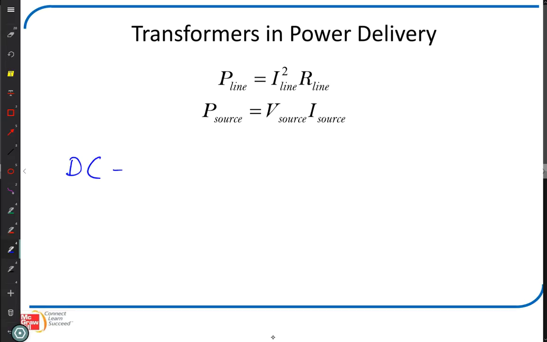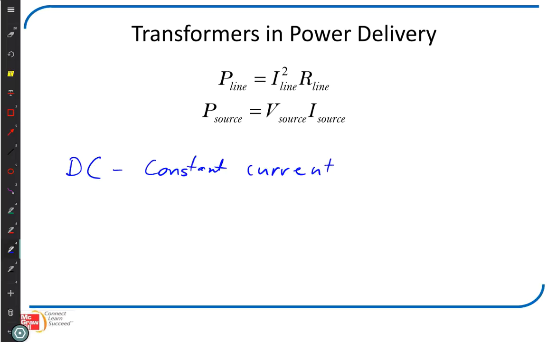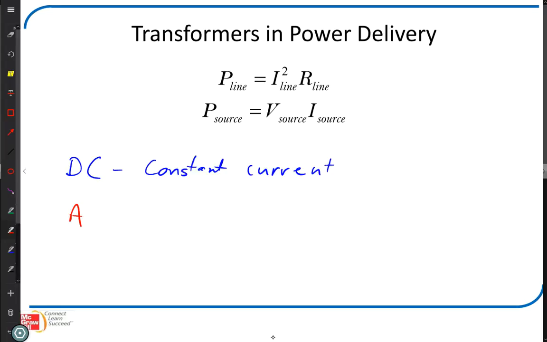So for DC, that means we have constant current, right? The D means direct or constant current. And we learned these equations for DC. Now, if we have AC, that is alternating current.